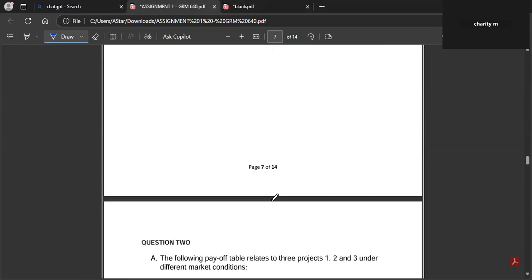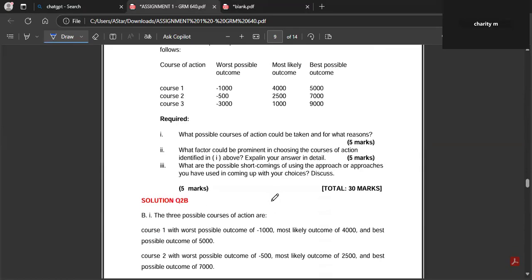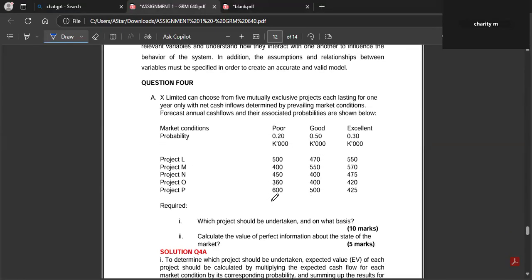Do you have a calculator with you? Yes. Okay, so using the same concept, we are looking at question 4. Question 4 says X Limited can choose from 5 mutually exclusive projects, each lasting for 1 year, with the net cash inflows shown here. The annual cash flows and the probabilities are shown below.